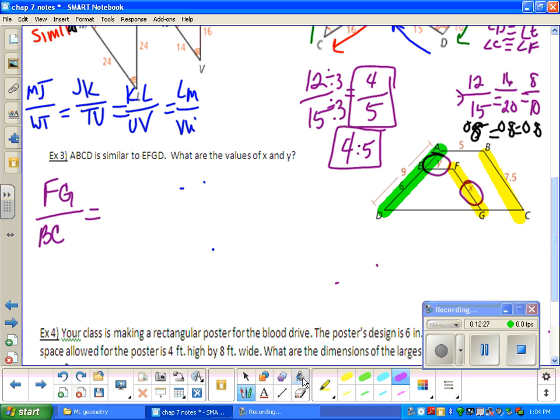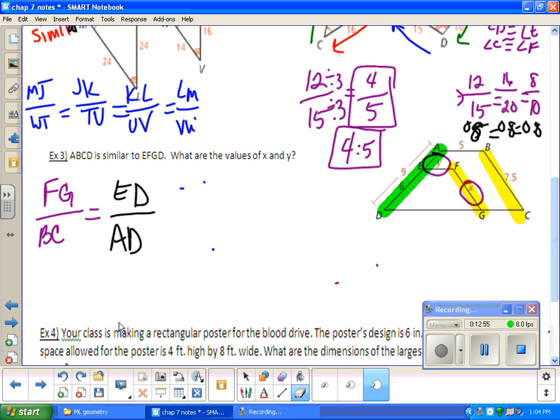And so remember that you want to use the same figure on top. So if I have FG, I'm going to use ED over, and then AD. Oh, did that wrong. They're flipped. So the opposite of what I said you were supposed to do. Or did I? Did I write the same thing? Okay. No, I didn't. That's right.